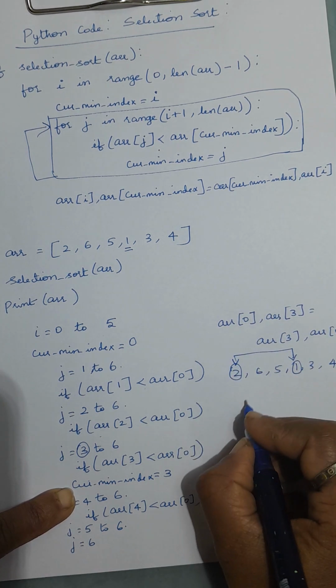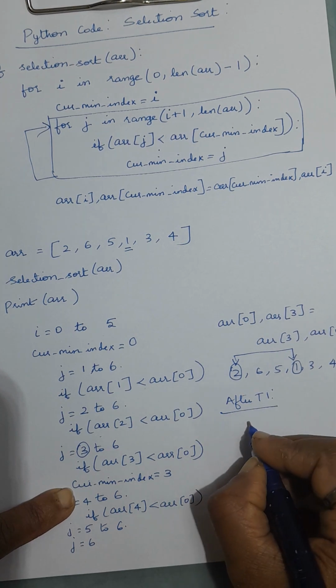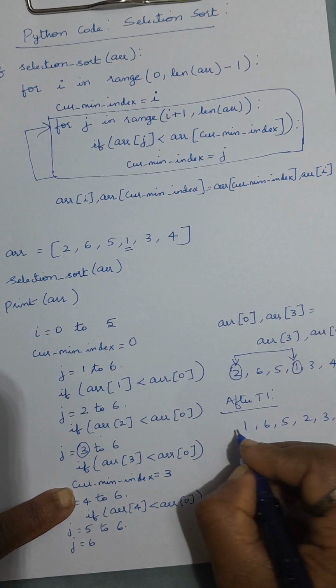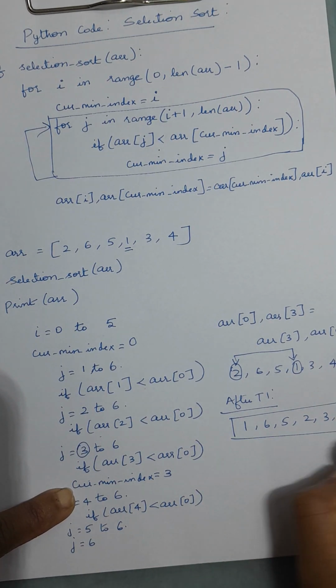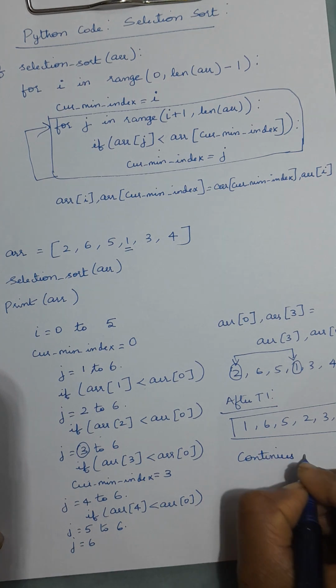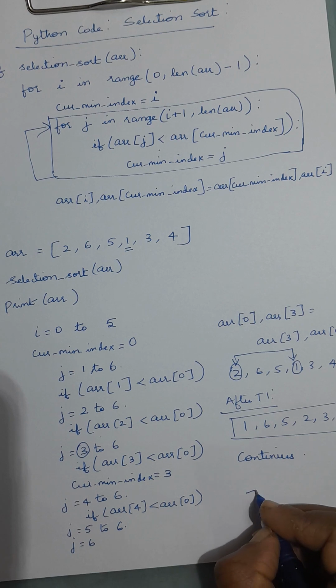There will be a swap. So after the first iteration, 1, 6, 5, 2, 3 and 4 will be obtained. The same procedure continues for the remaining elements. I hope you understood the video. Thank you.